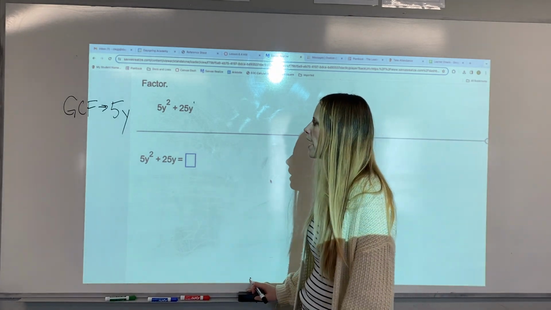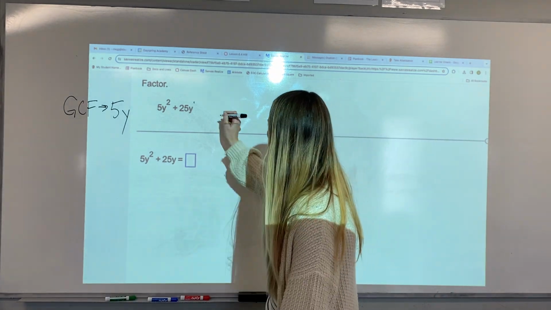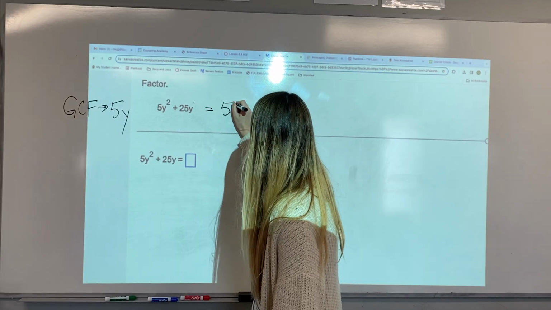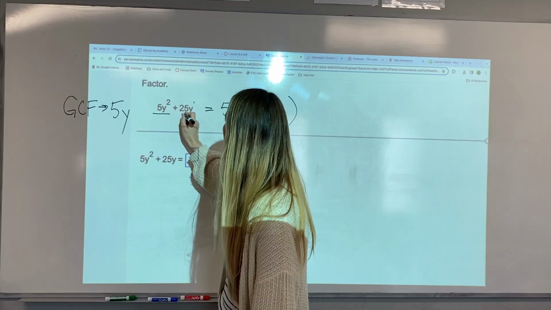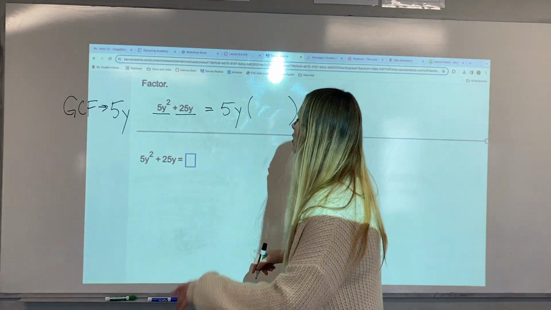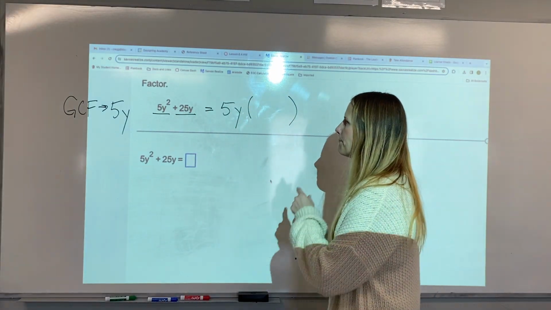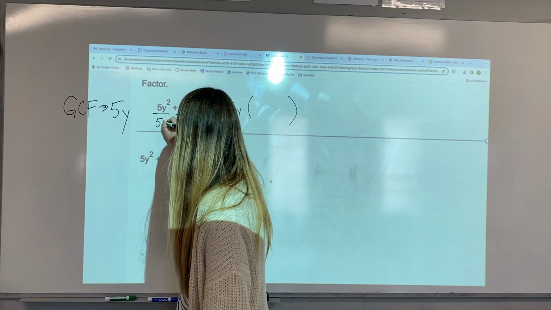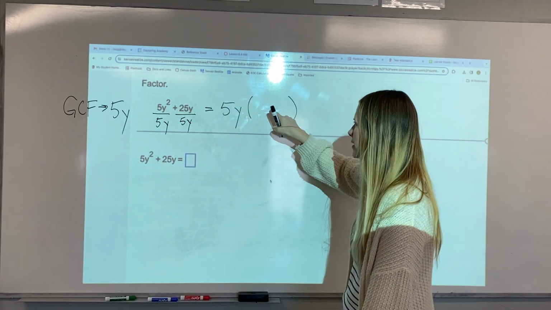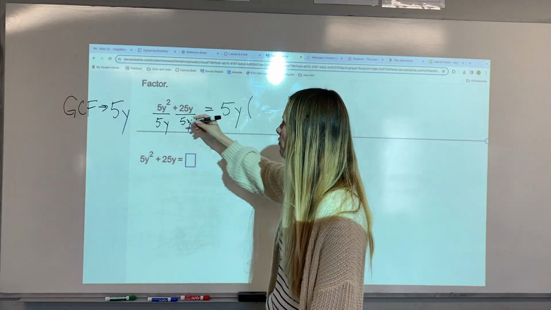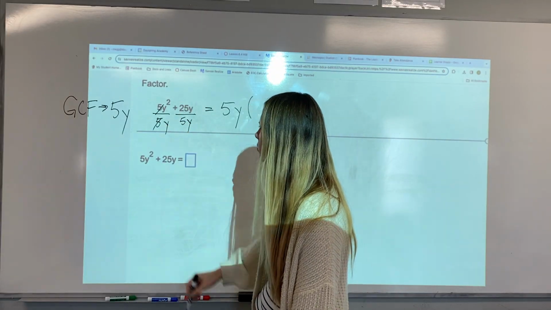Once you identify it, you pull it out, you open up parentheses, and you divide each term by the GCF to get your polynomial inside the parentheses. 5 divided by 5 cancels out.